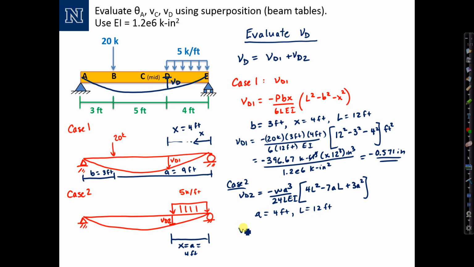Calculations would be VD2 equals W is negative 5 kips per feet, A cubed, or 4 feet cubed, divided by 24 times 12 feet, carry my EI, and then in the brackets I have 4 times 12 squared for the length, minus 7 times A is 4, L is 12, plus 3 times A squared, or 4 squared.